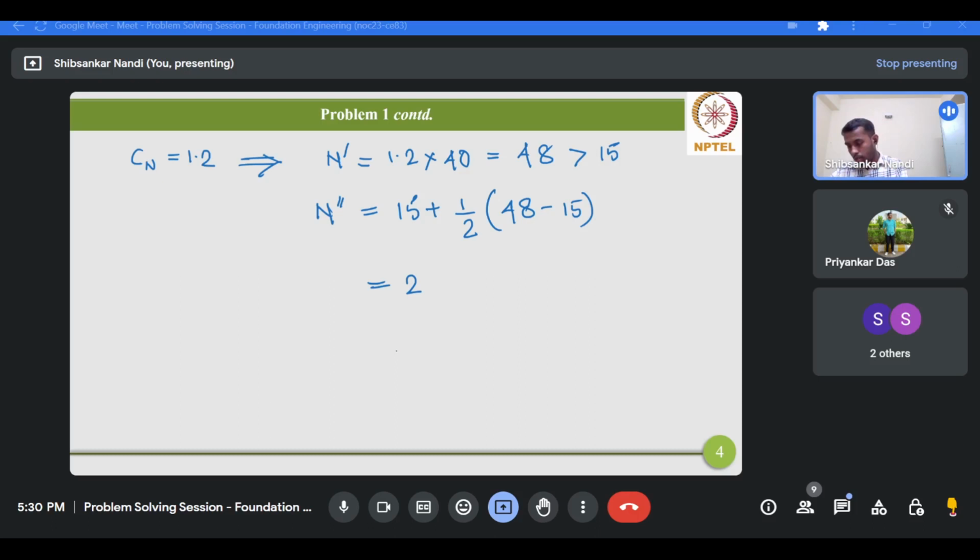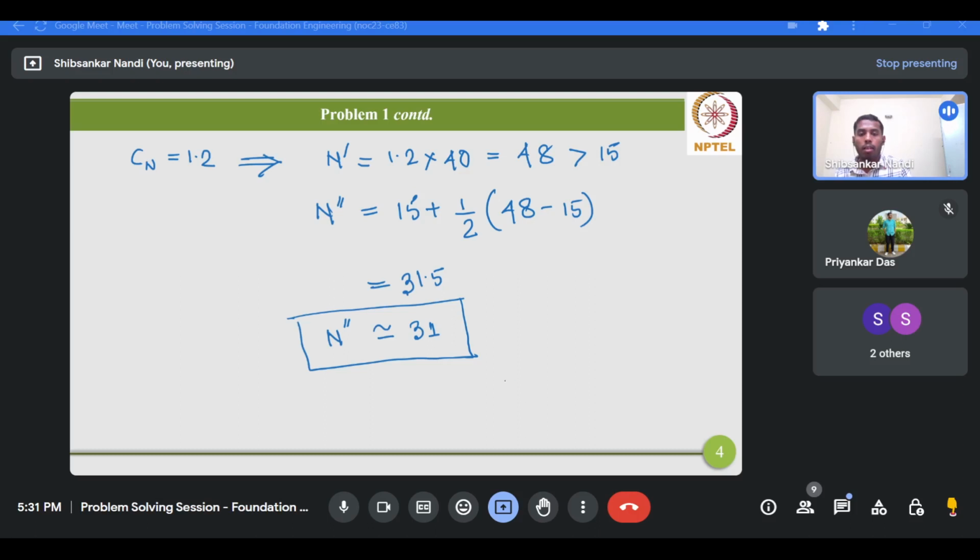So 15 plus 33 by 2, that means 31.5. Please correct me if I am wrong. 31.5. You have to report in integer, so you can take 31 as the correction considering both overburden and dilatancy.